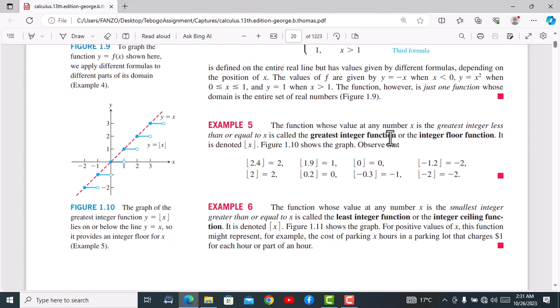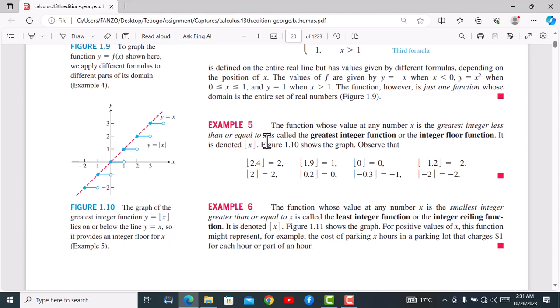The function's value at any number x, any number that you can think of in the real number system, is the greatest integer less than or equal to x. So it has to be less than or equal to x. It is the greatest integer, not the largest or the biggest value.